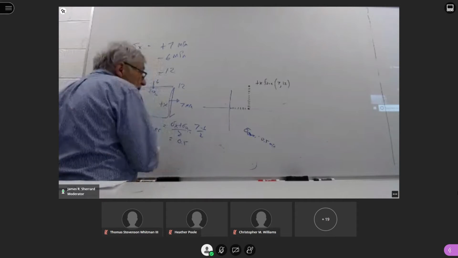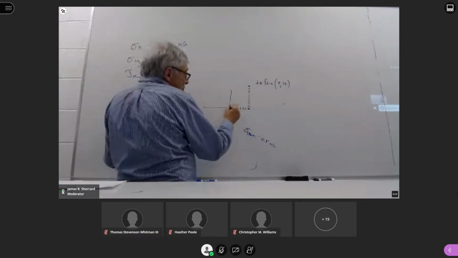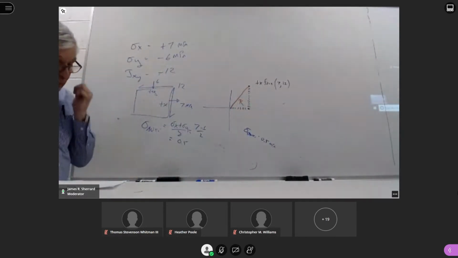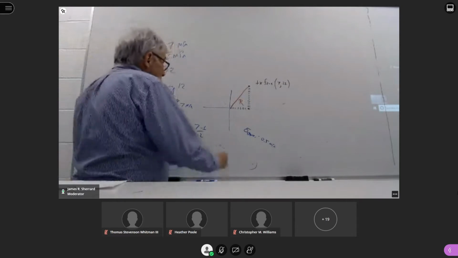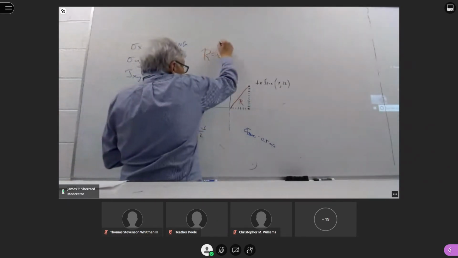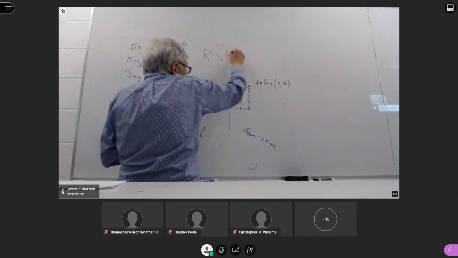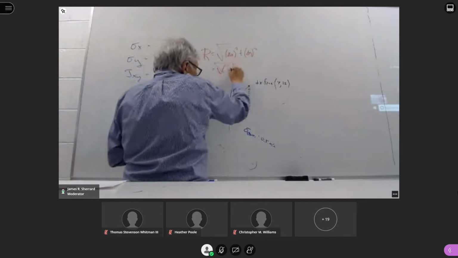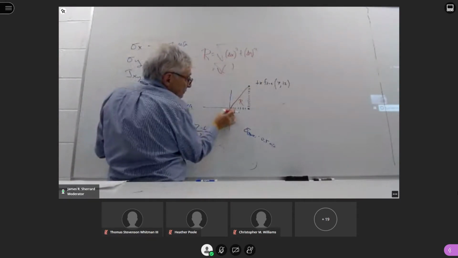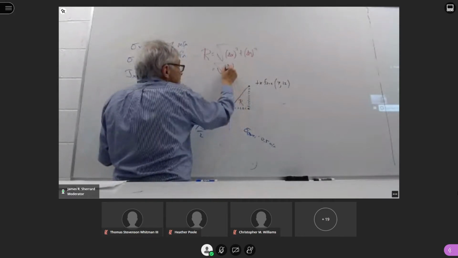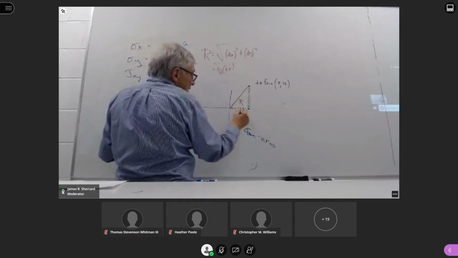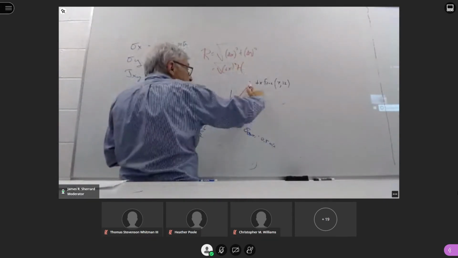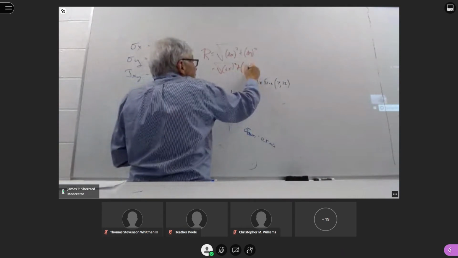If I connect the center of the circle to the plus x face, I have the radius. I can calculate that radius because I know the radius is equal to the square root of the difference in x's squared plus the difference in y's squared. What is the difference in x's? This is 0.5 and this is 7, so that difference is 6.5. That side of the right triangle squared, plus this side is 0 and 12, so that's 12 squared.